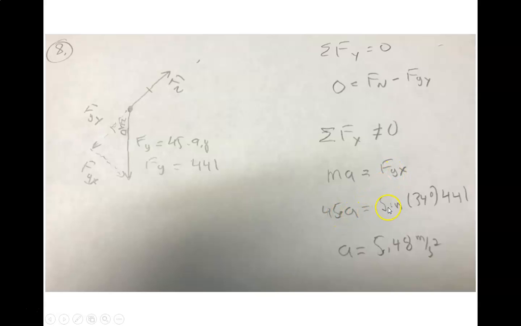So mass times acceleration, and Fgx is going to equal the sine of 34 times 441, because we know the hypotenuse, and the acceleration equals 5.48 meters per second squared.